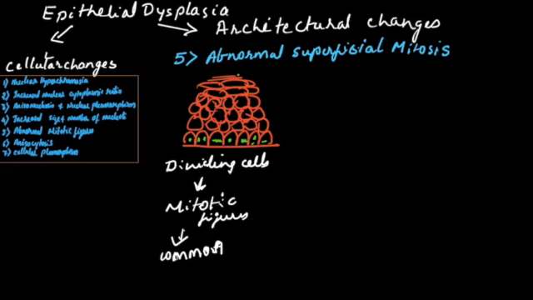So here is the superficial acanthotic layer, and we can see the mitosis here. Just drawing a lot of mitotic figures here. So this is abnormal. Somehow my writing pad is giving me trouble today. So let me just write that this is abnormal superficial mitosis.